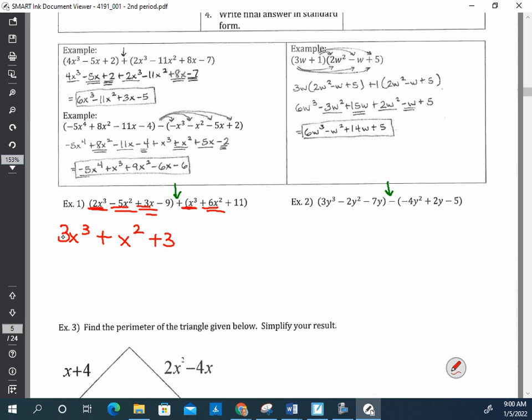Just bring it down. And negative 9 goes with 11. You combine those up, you get what? 2. Check your answer. Make sure you're in standard form. 3, 2, 1, no variable. There's your answer. Problem's over.